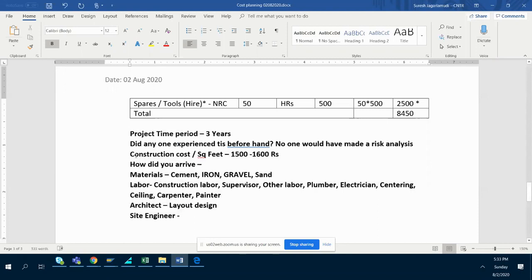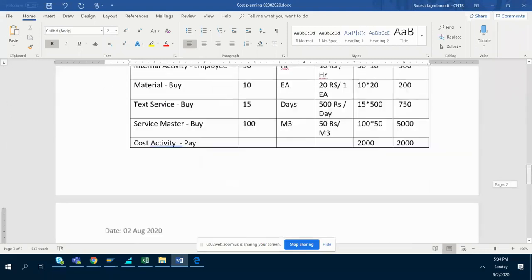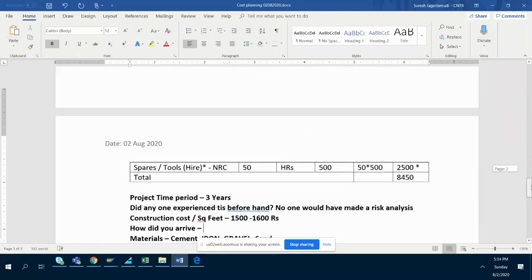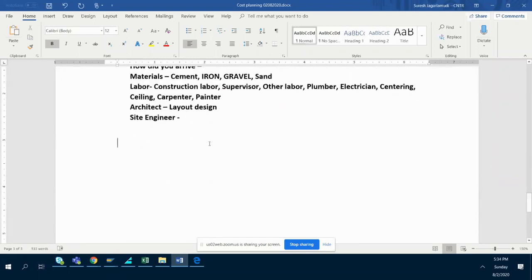Sometimes iron may come down, sometimes labor cost may go up, sometimes cement cost may come down, sometimes sand cost may go up. All these fluctuations are considered, and after that, he has arrived at 1500 to 1600. Same is the case here. You make a cost estimate with certain assumptions. That's what I mean to say.